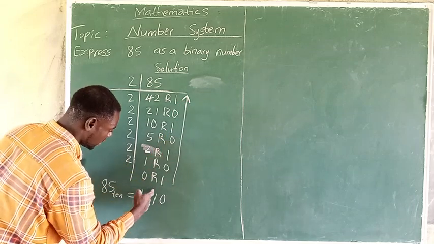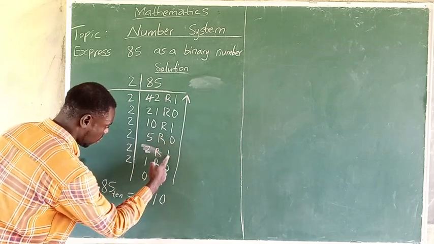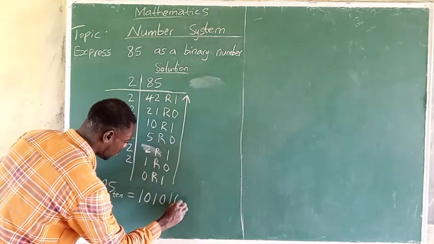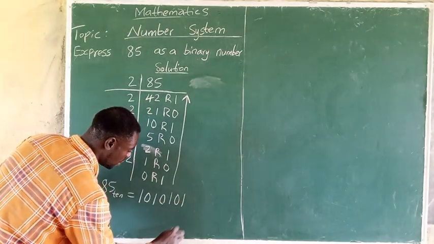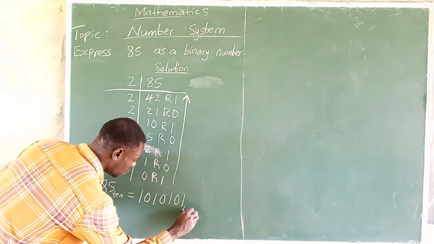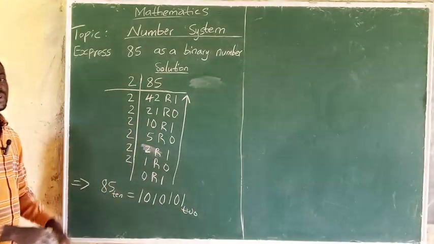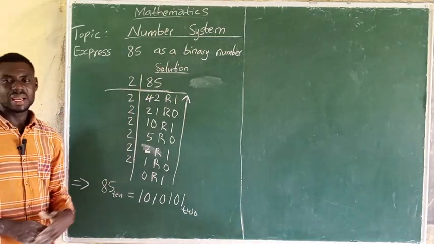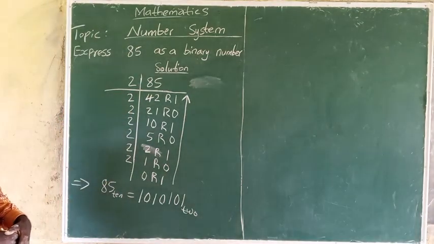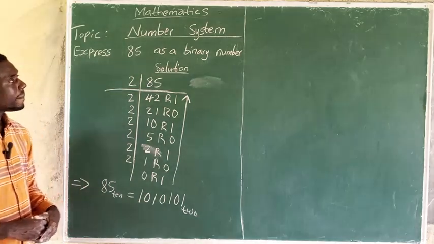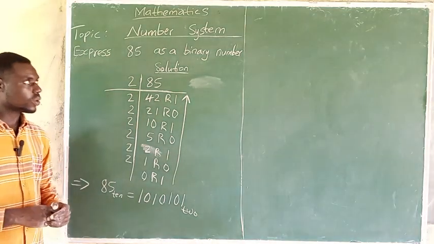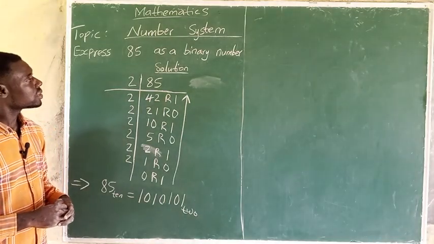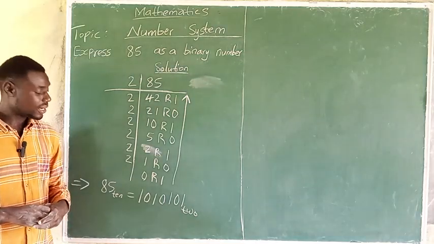So this is how you convert from base 10 to a binary number. It is simpler when you use this format to convert from base 10 to a binary number.